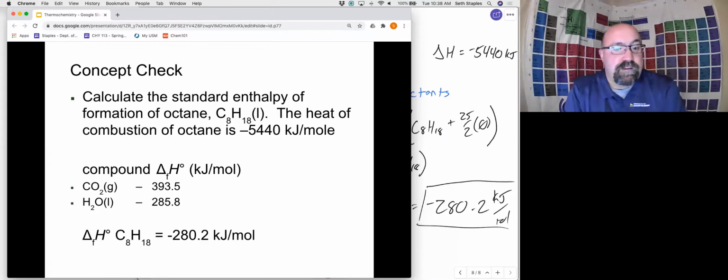And that's it. That is all for today. And so just a quick recap of what we have looked at today: how we can find the thermochemical information, how we can find the energy involved in a chemical reaction if we cannot measure it directly. So we've looked at two indirect methods.